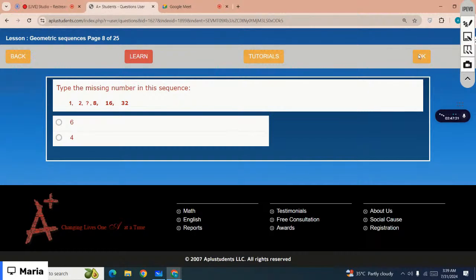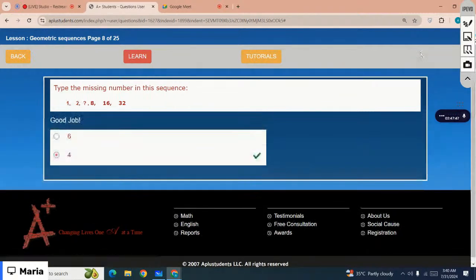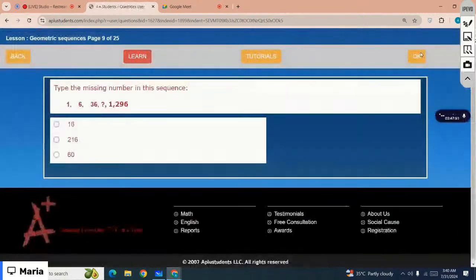Type the missing number in the sequence. So which number is missing? Yes, 4 it is. The correct option is 4. Okay, type the missing number in the sequence. So which number is missing?